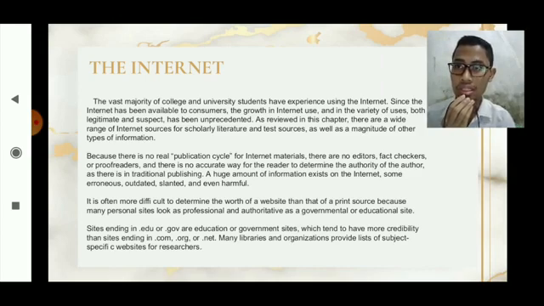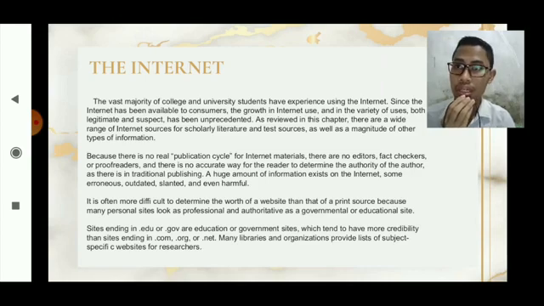Because there is no real publication cycle for internet material, there is no editor, fact checker, or proofreader, and there is no accurate way for the reader to determine the authority of the author.